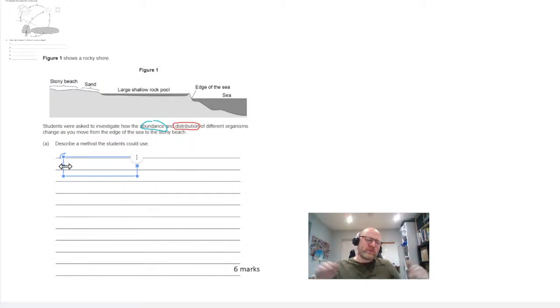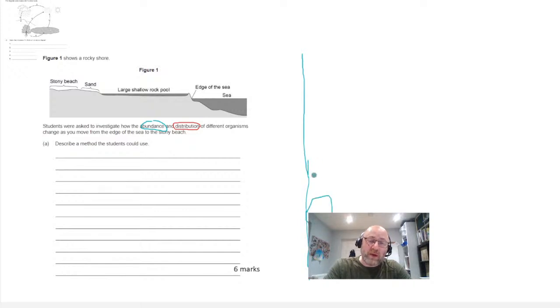Here we're doing a distribution, so we're going to do a transect. So we want to put our tape measure running from the stony beach to the sea. We want to place our quadrat at regular intervals, so I would say 1 every meter. You then need to really say identify the organisms in there, because what are we actually looking at? Distribution of different organisms.